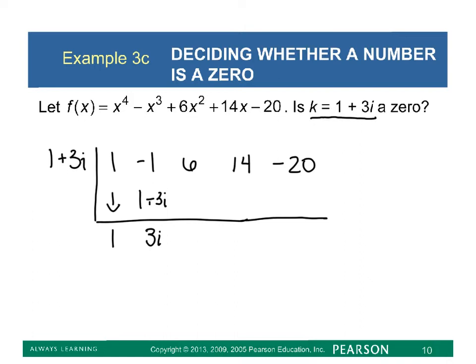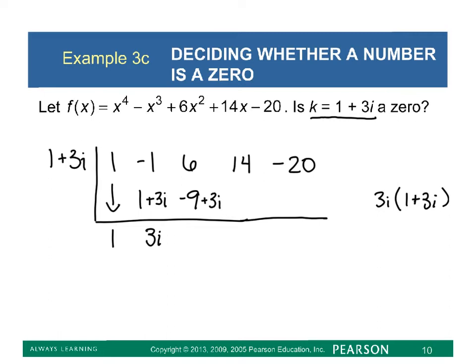Now we need to multiply together the 1 plus 3i and 3i together. So if you want, do this off to the side like this to get your answer that goes in this spot right here. And that is going to give us, let's see, -9 plus 3i.